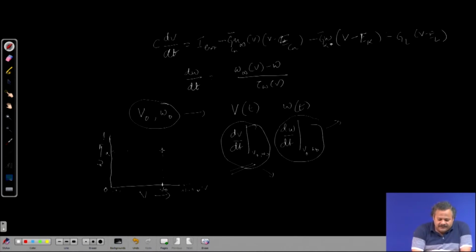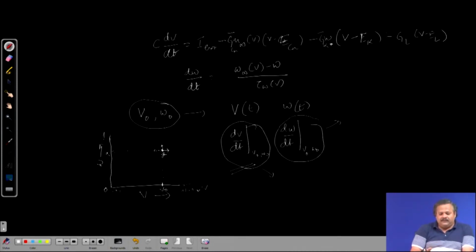That means if the system were here, then the system will try to change the voltage according to dV/dt. So, it will point in that direction if it is positive, and the opposite direction if it is negative. Similarly, we have dW/dt, and the resultant is the direction in which the system will go.